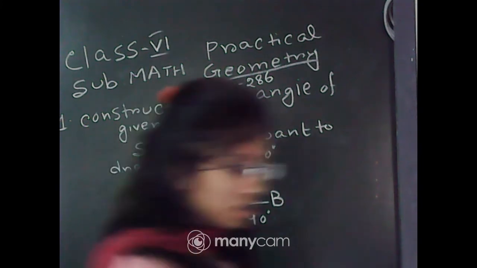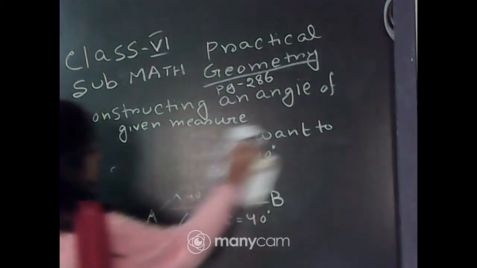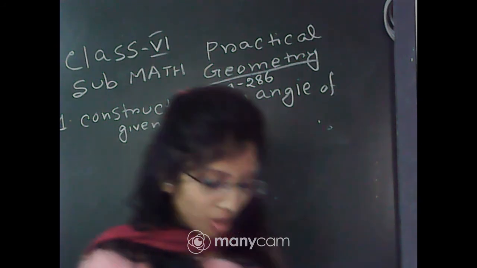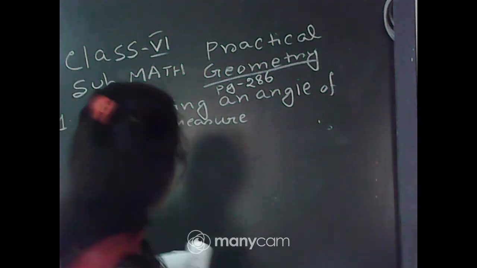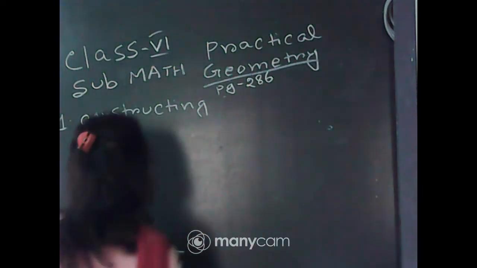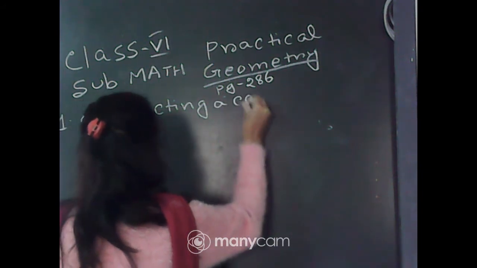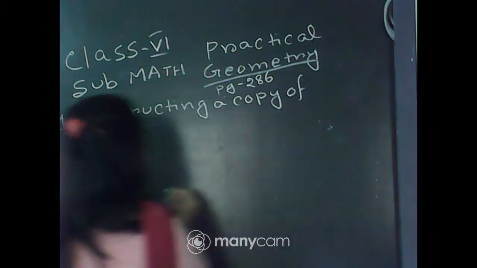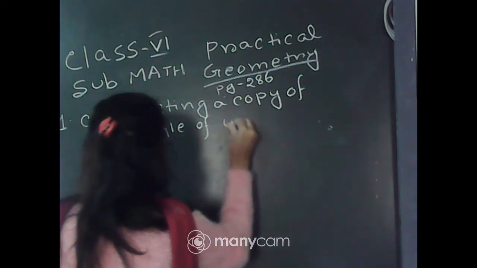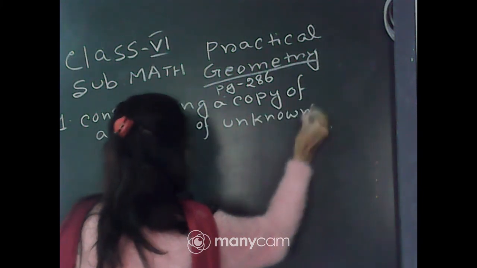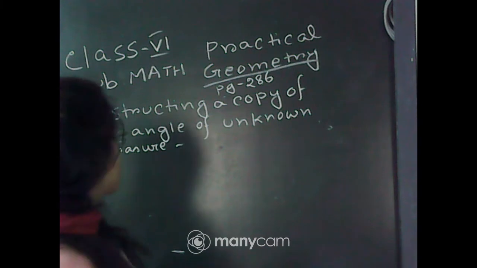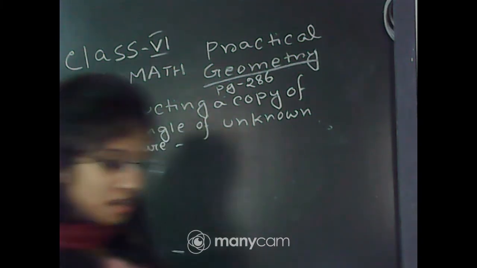Then the next topic is constructing a copy of an angle of unknown measure.